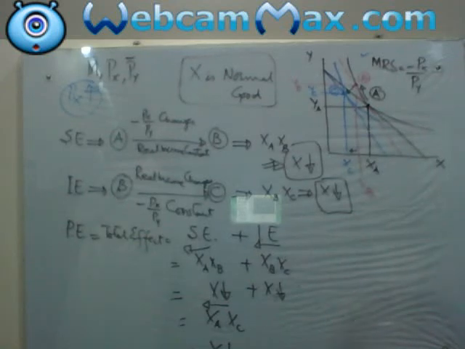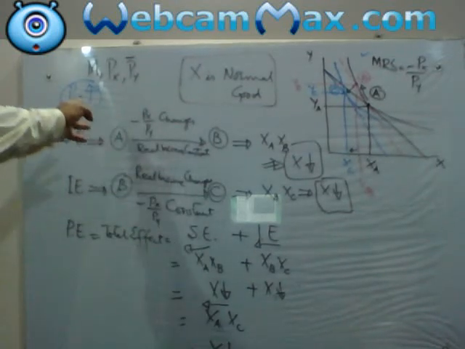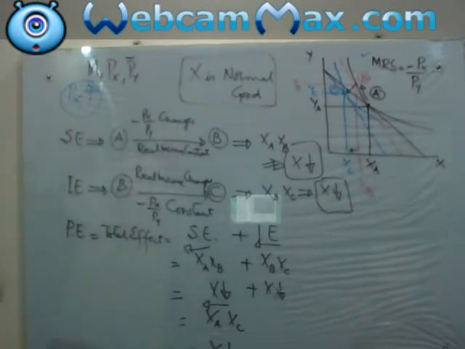Suppose the price of X rises, as we took it here, and simultaneously the consumer is compensated by an increase in nominal income so that his or her real income remains the same, in such a way that he or she remains on the same indifference curve.